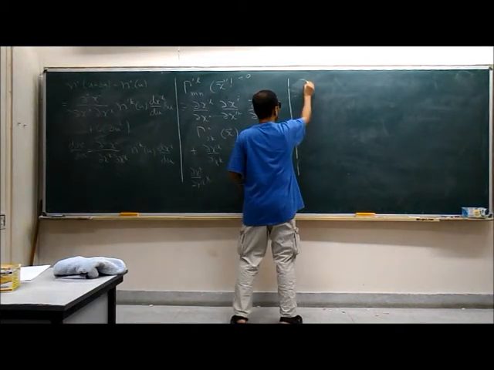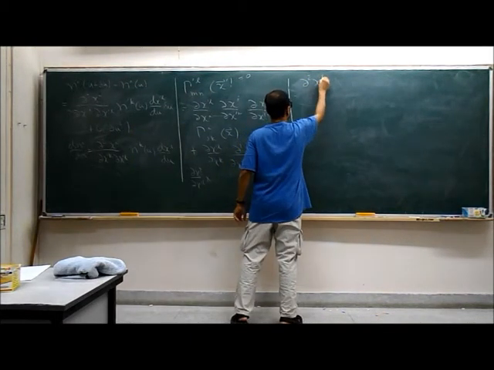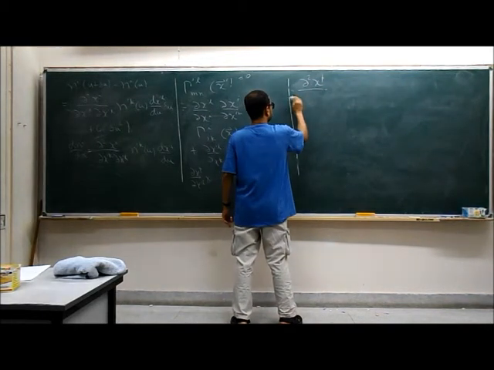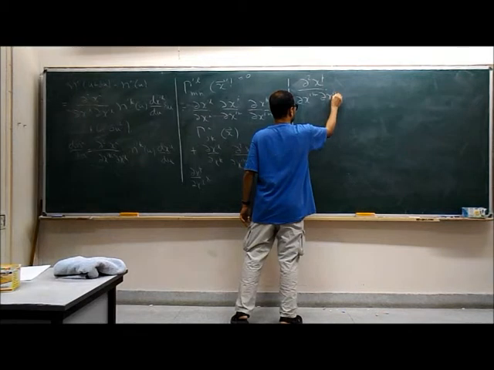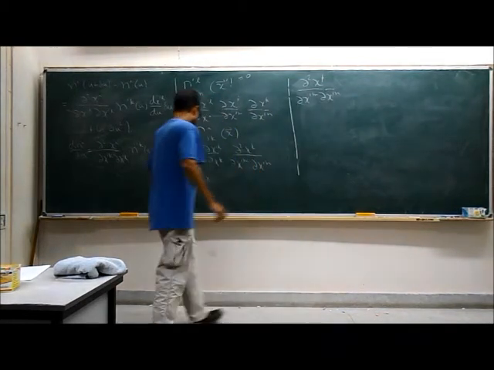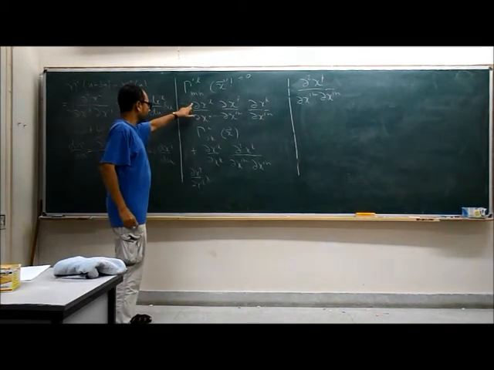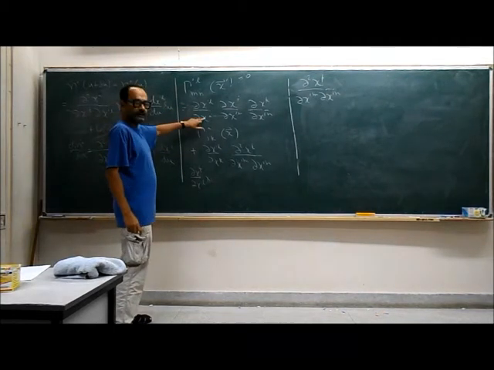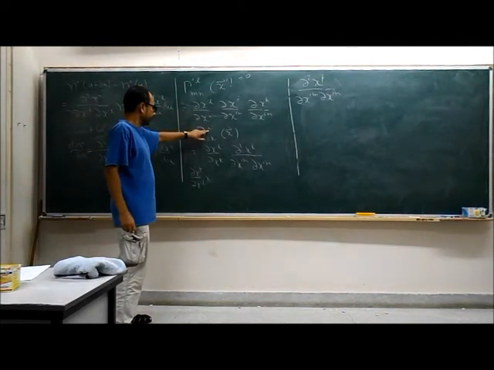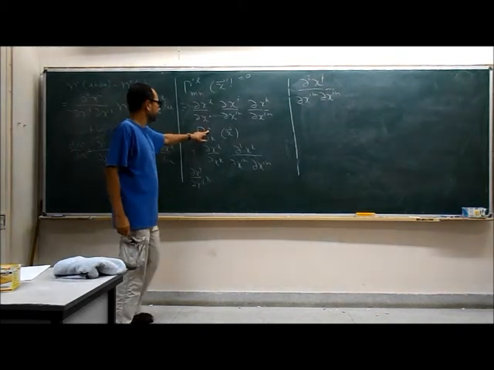So we get del 2 x p over del x prime m del x prime n, one term. Then del x p over del x i, del x i over del x prime l. So here l is a free index, so you get a delta i p. That converts this i index to p index.